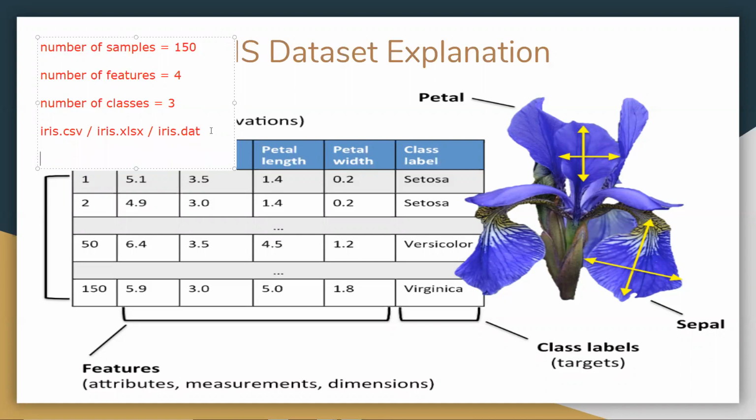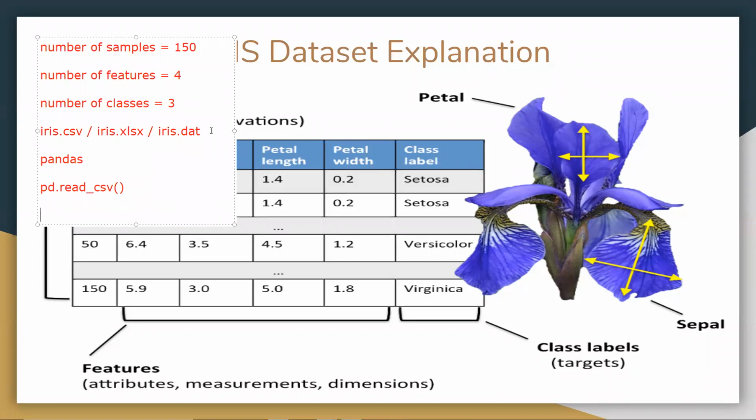You are going to load that file by using pandas. If it is a CSV file, you know that you use the pd.read_csv function. If it is an Excel file, you do read_excel, and you pass the path to that and you load it, right?